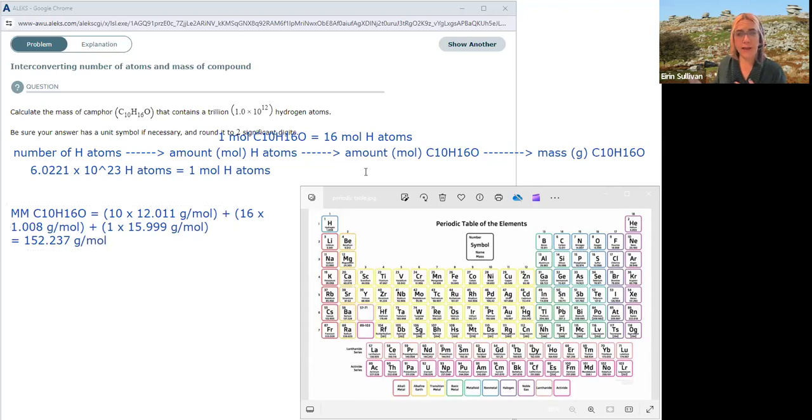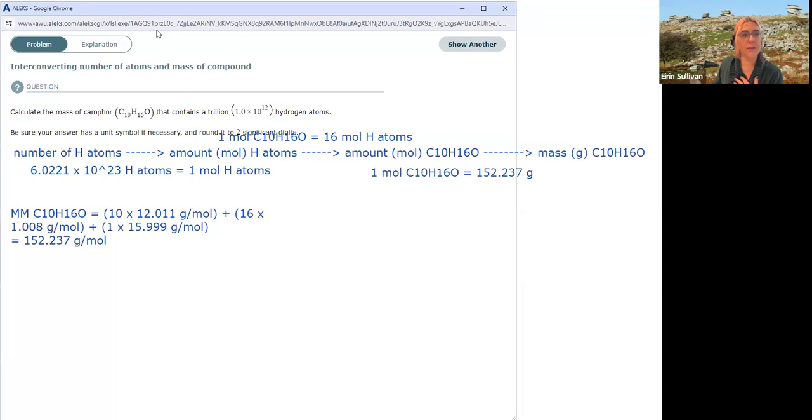So my equivalency here is every 1 mole of camphor, C10H16O, weighs exactly 152.237 grams. So then I can just follow this down here, okay? So let's ditch the periodic table a second because it's in the way. So the number of hydrogen atoms is a trillion, 1.0 times 10 to the power of 12 H atoms.